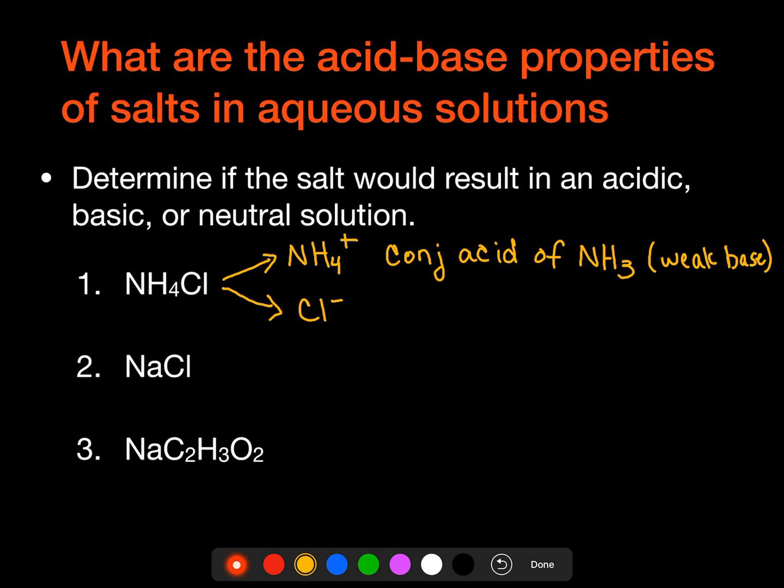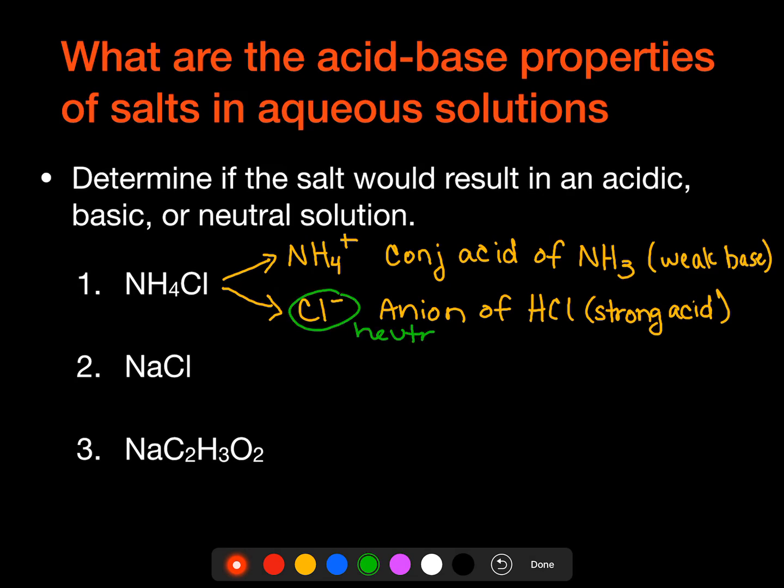On the other hand, chloride is the anion of HCl, which is a strong acid. So that makes Cl- neutral. But NH4+ is going to be acidic, because it's the conjugate acid, which makes our overall salt an acidic salt.